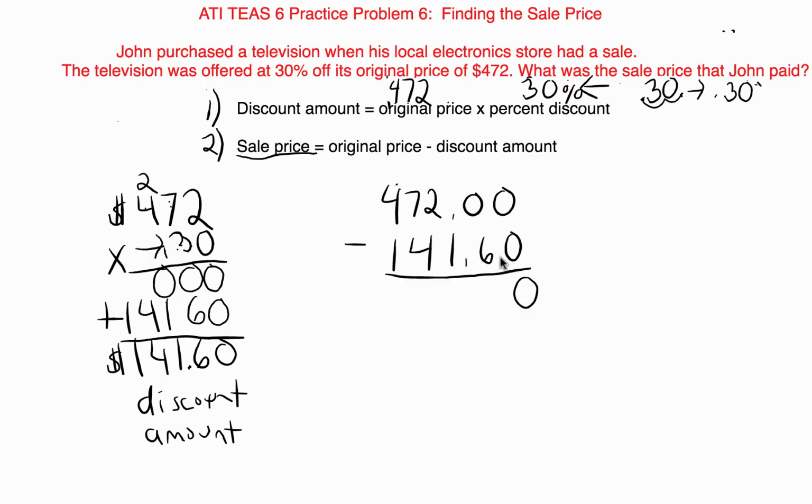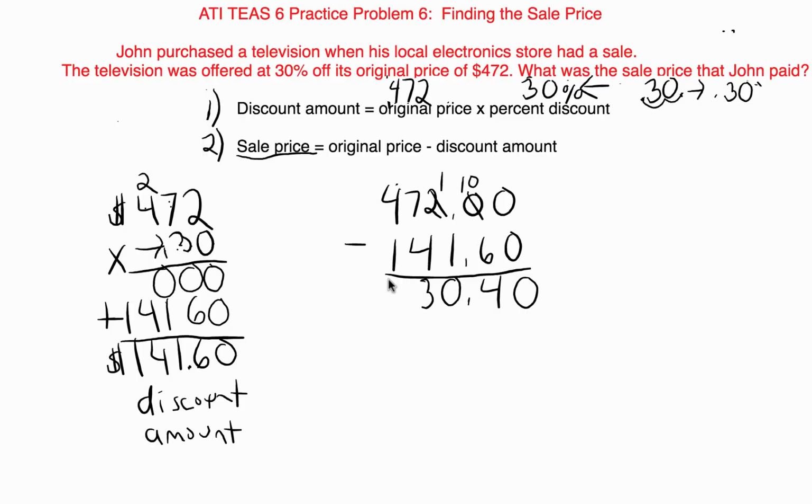Okay, I cannot subtract 6 from 0, so I'm going to borrow a 1 from 2 and then make this 10. 10 minus 6 is 4. 1 minus 1 is 0. 7 minus 4 is 3.